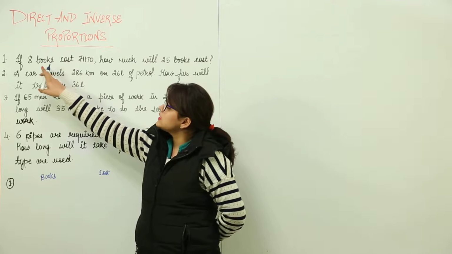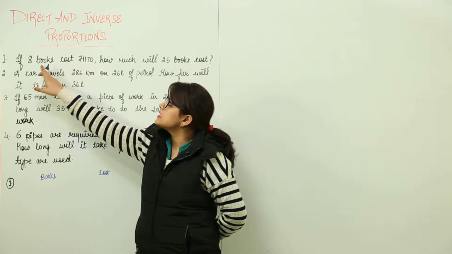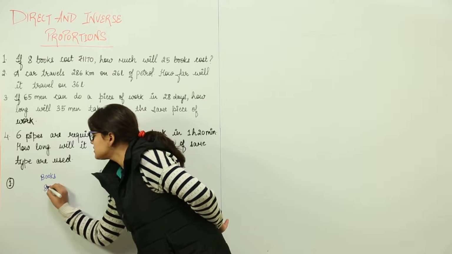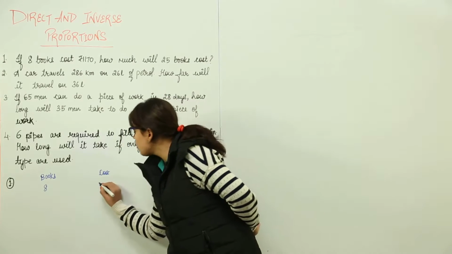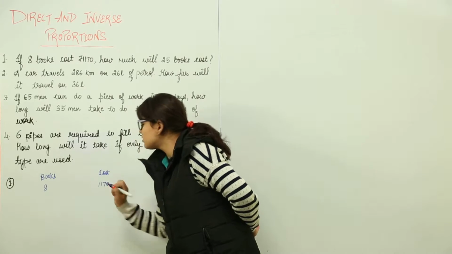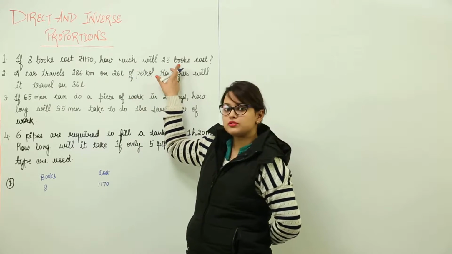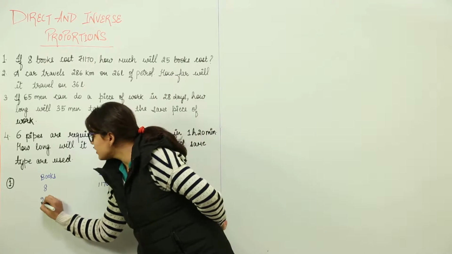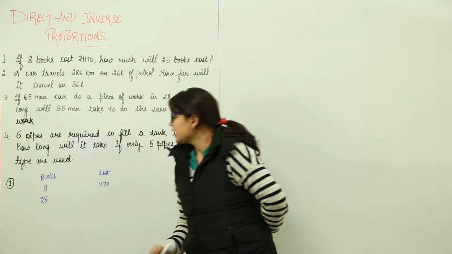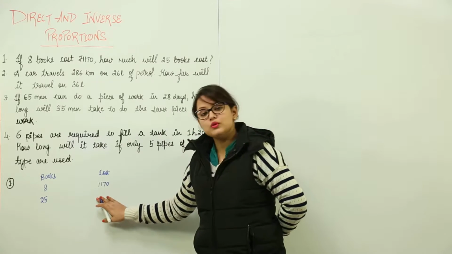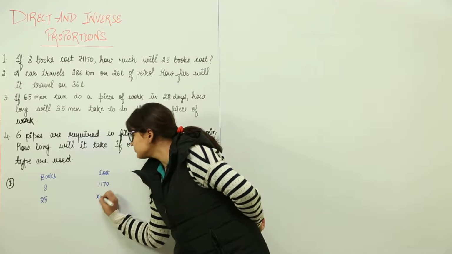The first part of the question says 8 books cost 1170. So I write 8 below the books and I write 1170 in the cost. Now they are asking how much will the 25 books cost. Now you will write 25 below the book section and the cost you have to find. So the unknown quantity that you have to find, you will make it x.